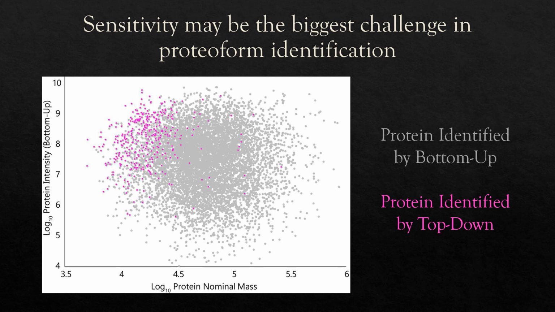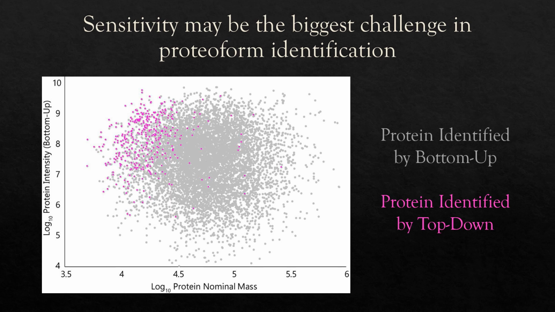So what's the deal with proteoform identification? Well, I try to include this slide in every talk that I give about proteoform analysis because I think it's really telling for the field and provides motivation for work here. In this graph, every gray dot represents a single protein measured by bottom-up proteomics.